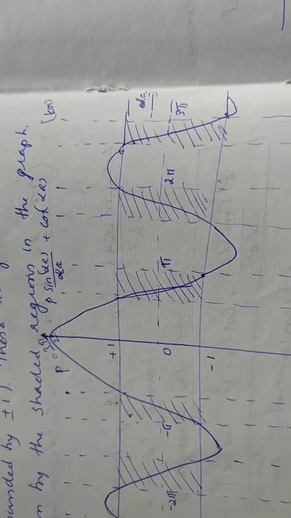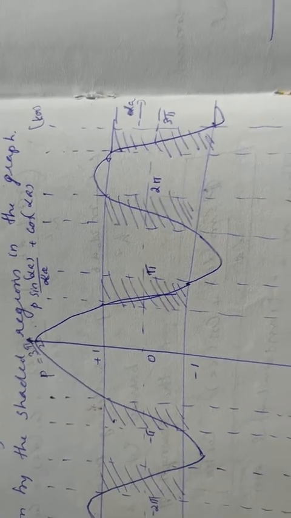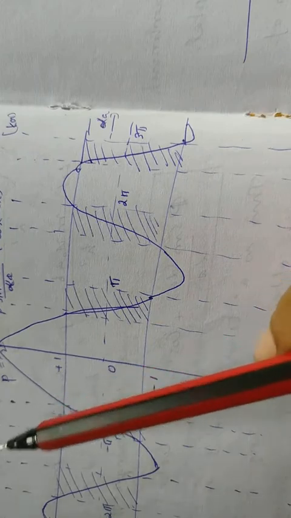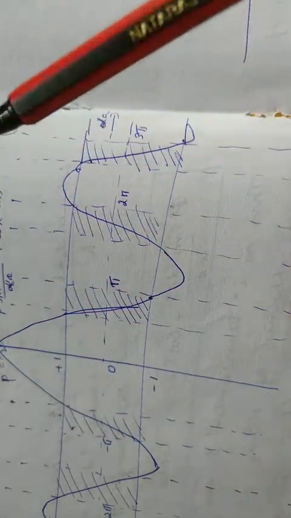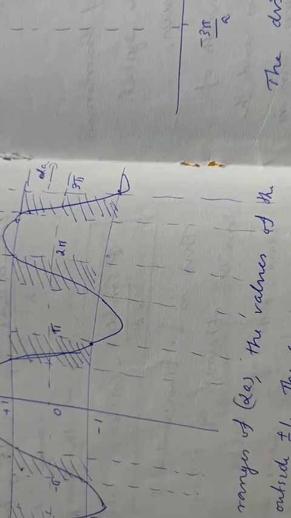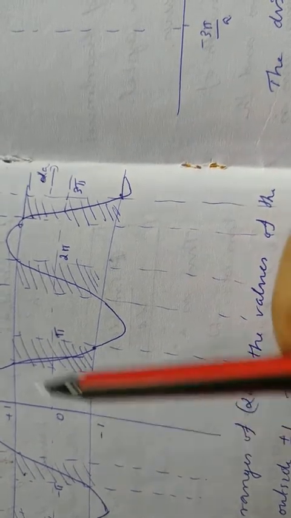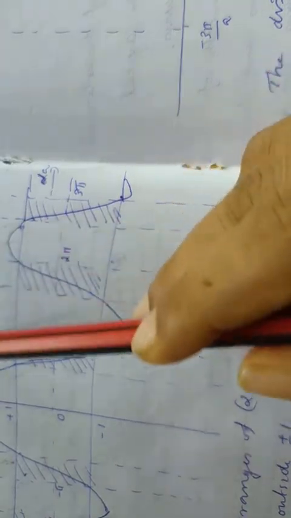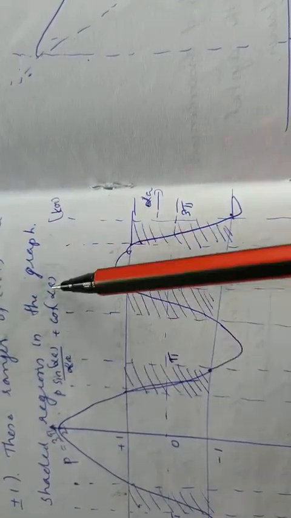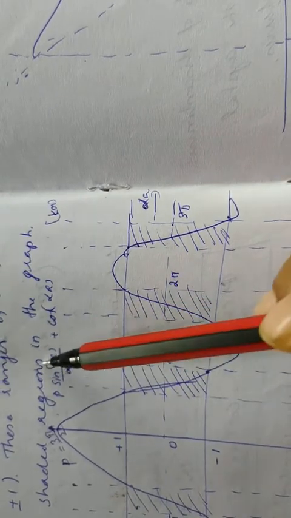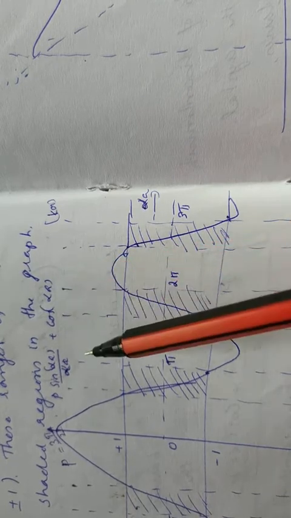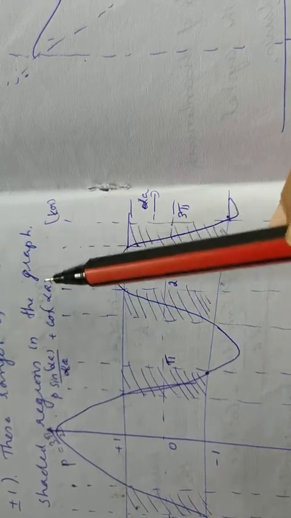Now what will we get from this equation? The ranges of alpha are shown by shaded regions in the graph. For LHS we are putting the values of alpha a.